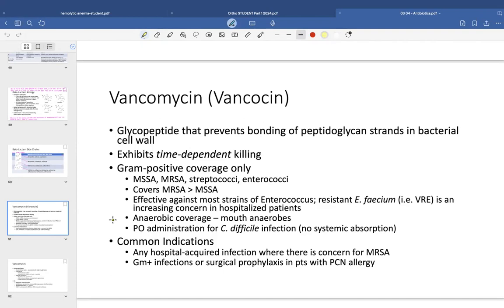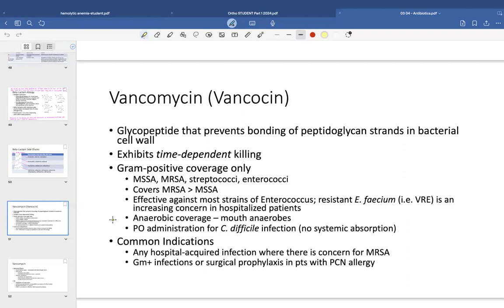We'll start with vancomycin. For those of you that will be working with patients, this is one of our go-to drugs for hospitalized patients, especially those who we suspect have some sort of staph involvement. This is a glycopeptide that prevents bonding of peptidoglycan strands in the bacterial cell wall.